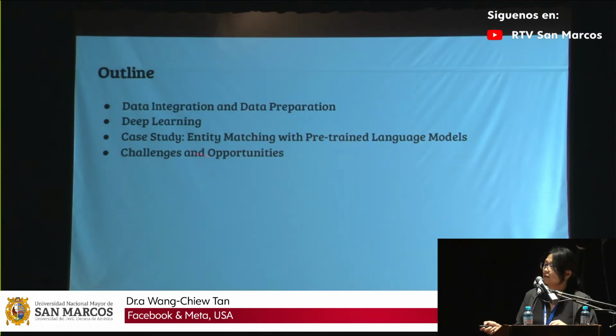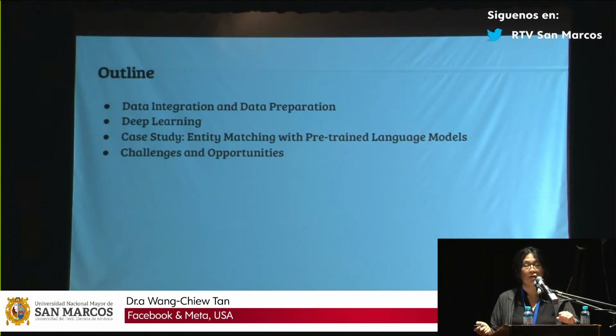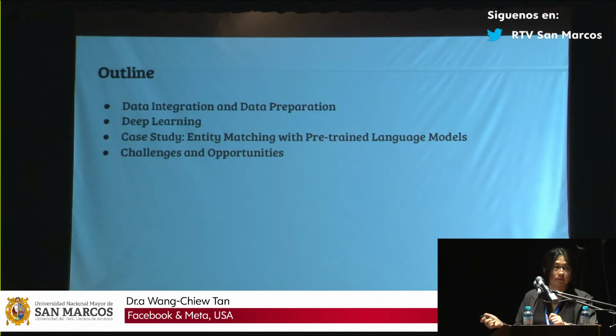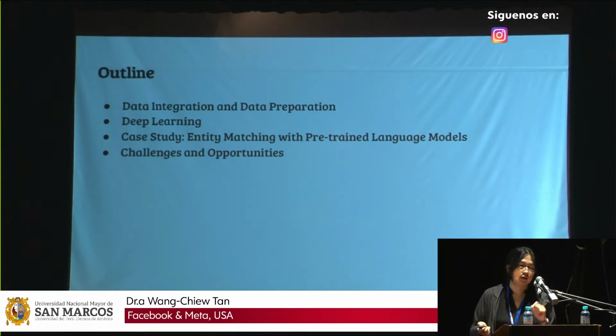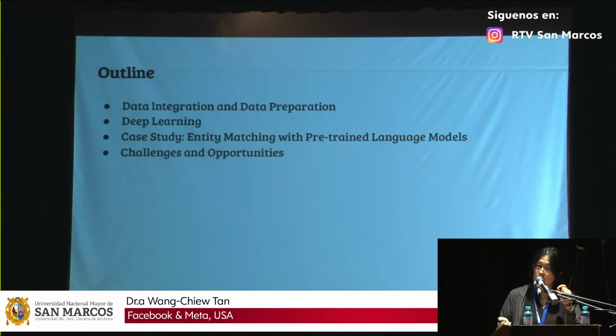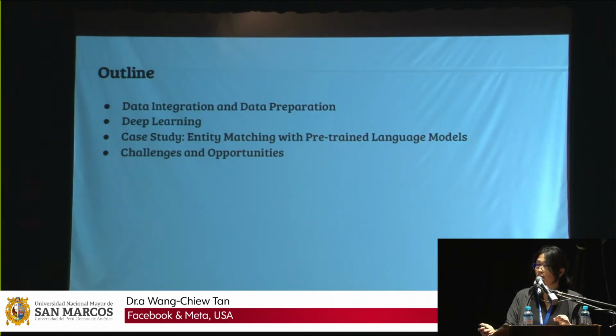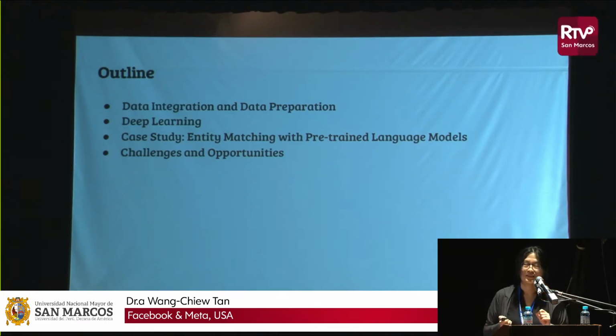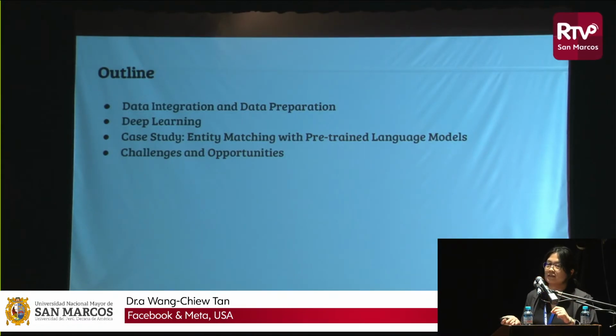And then I'll wrap up my talk with some of the challenges and opportunities that I will describe. Also, before I forget, a large part of this talk overlaps with some of my past talks. So if you have already heard part of this talk, apologies, but there's some new material at the end.